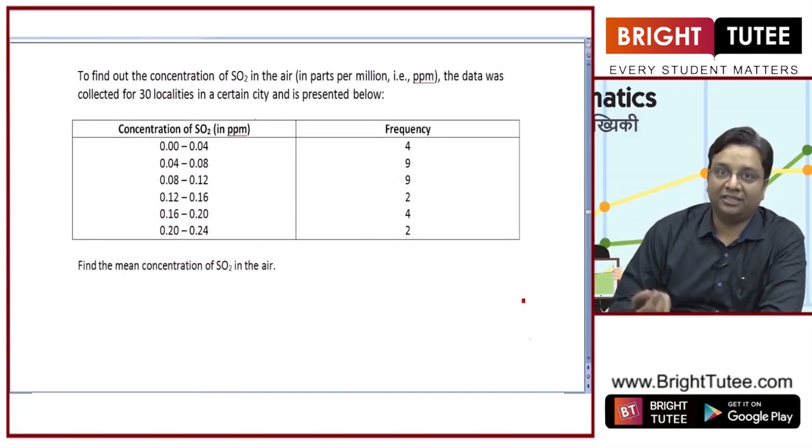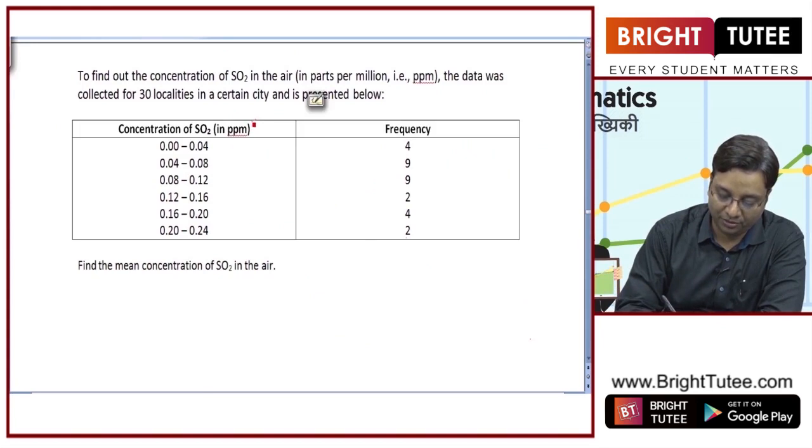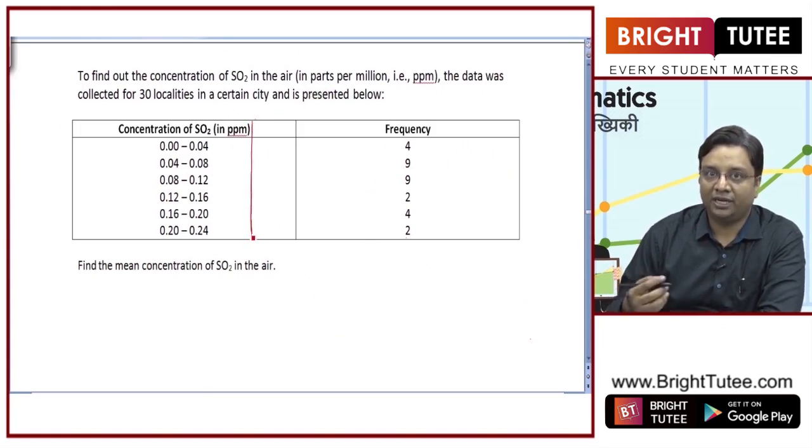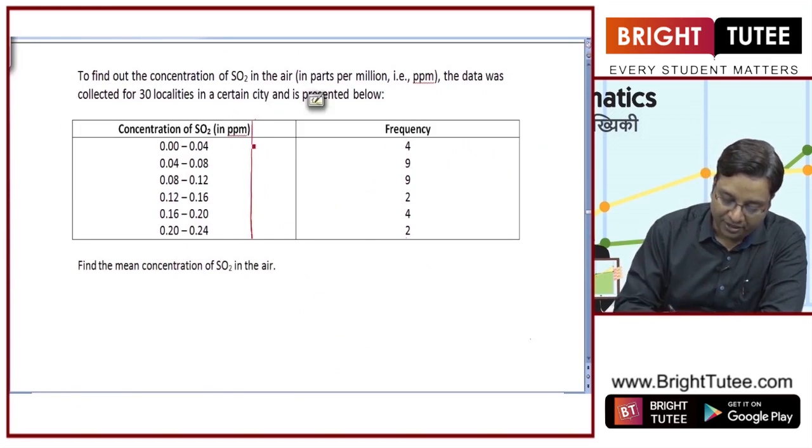In this question here, the data looks very simple, so we don't have to use any other method. So we will directly go by the direct method. So this is the class distribution, hence what is the class mark? We will denote it by xi.